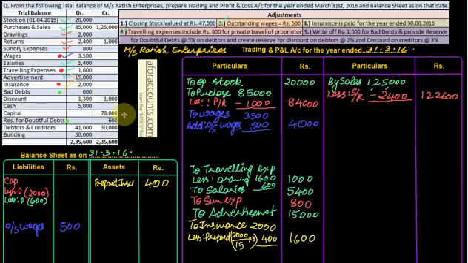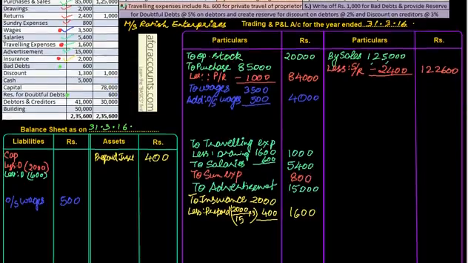Bad debt 600. Okay. So bad debt 600, will take it in the inner column. To bad debts 600. Now we have discount, 1,300 and 1,000. And in our last adjustment, we have that create reserve for discount on debtors 2% and discount on creditors 3%.